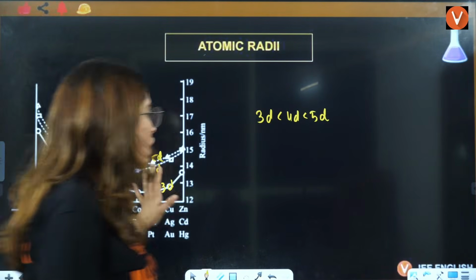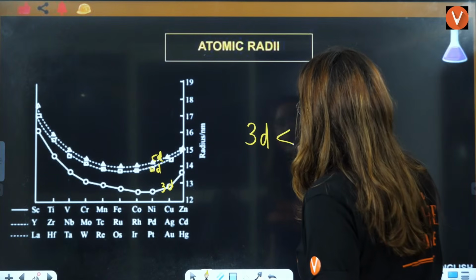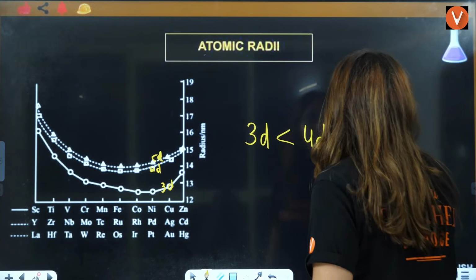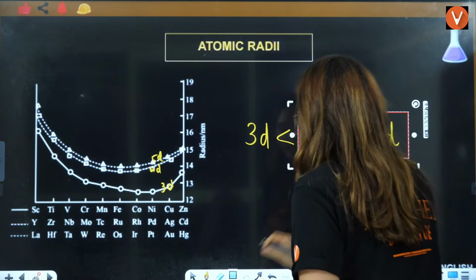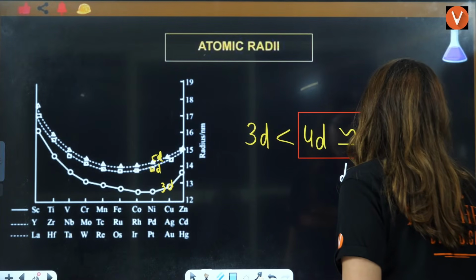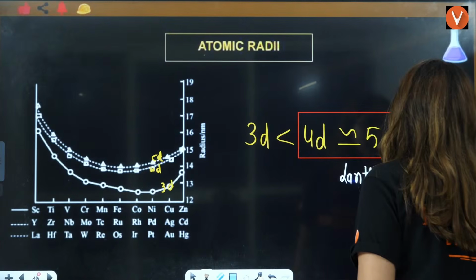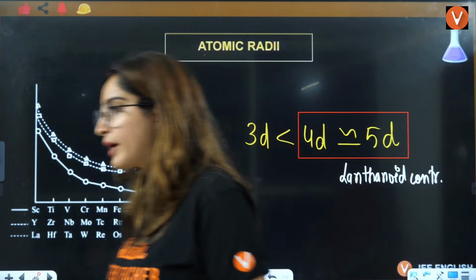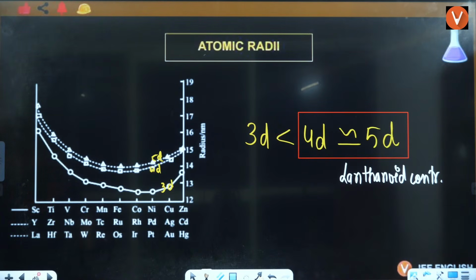So the 3d series is having less size, then you have 4d, which is approximately similar to 5d. The reason being lanthanoid contraction. Okay? Yes, everybody?